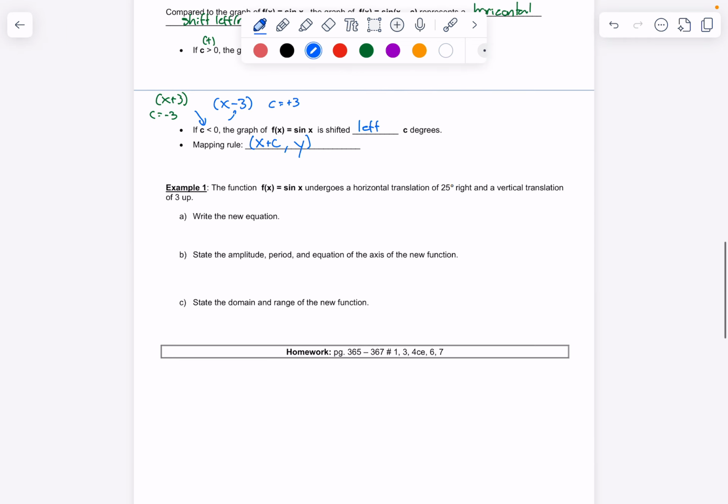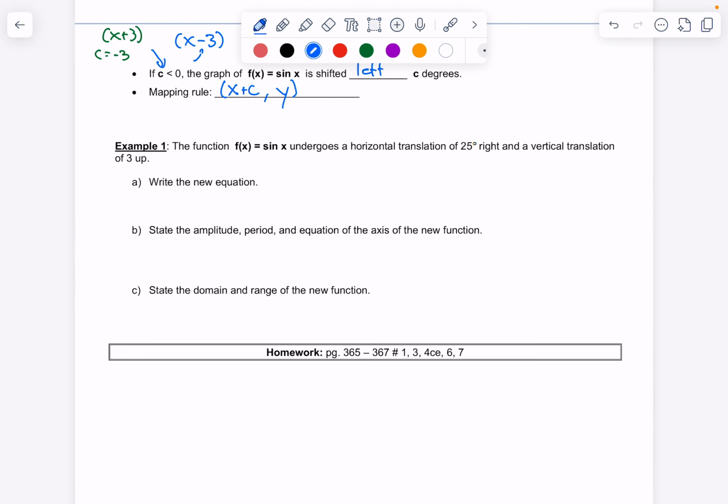So let's look at our first example. Write the function f of x, the function f of x undergoes a horizontal translation of 25 degrees to the right and a vertical translation 3 up. Okay, so we're going to the right. So this horizontal translation to the right, that means you would expect inside the brackets to be a negative, right?